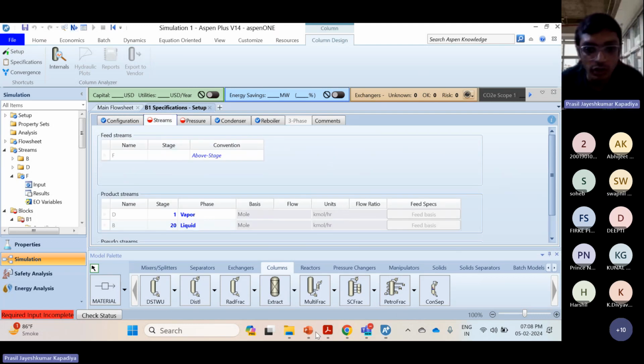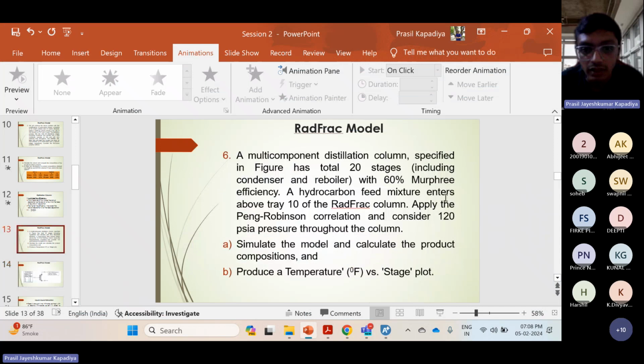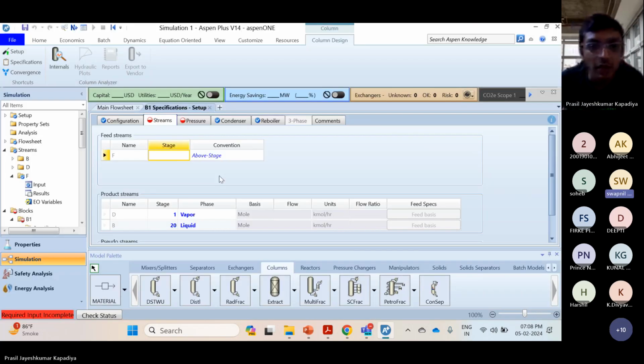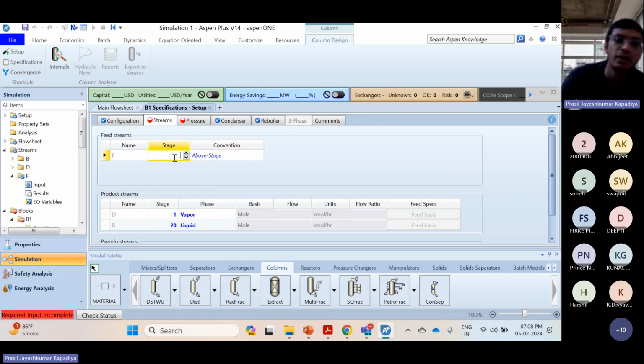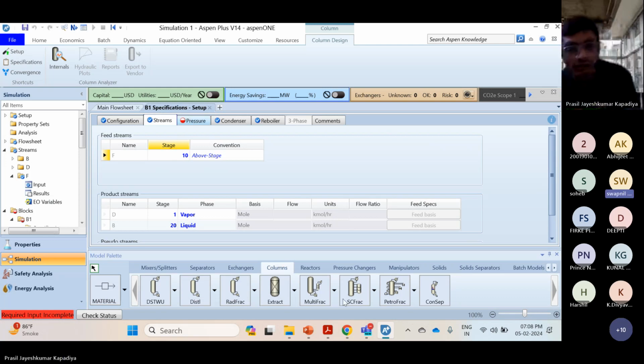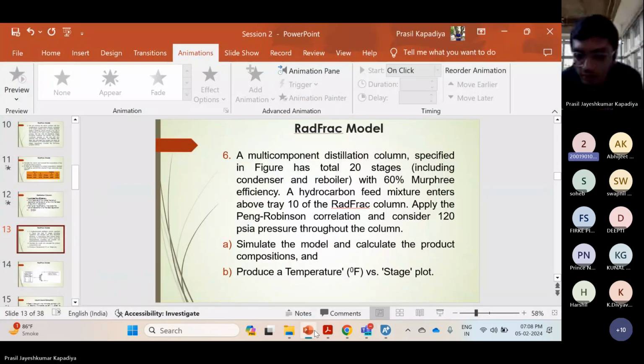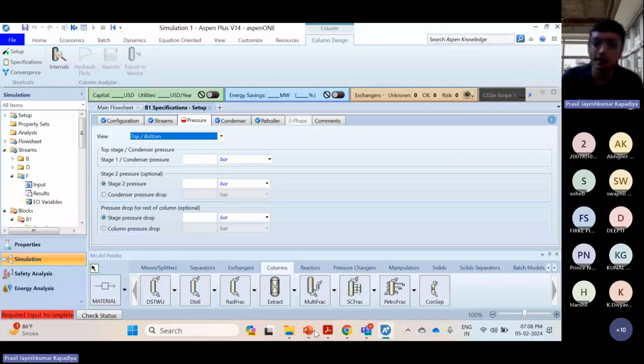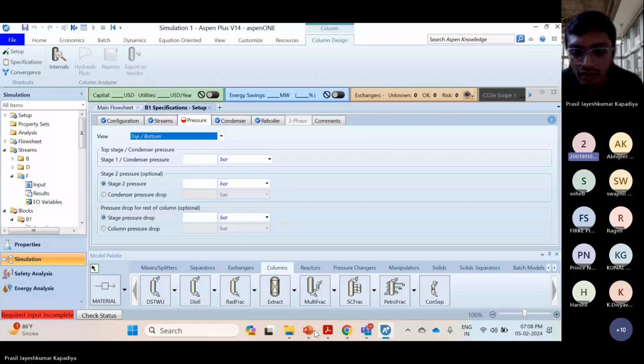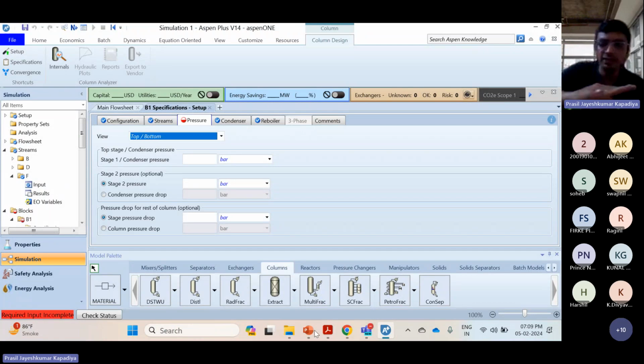So what is feed tray location? Feed tray location is about tray 10. So above stage tray number 10. Sorry, above stage means the stage is 11. No, like this is the 10th tray. So okay, above means 11. Yeah.